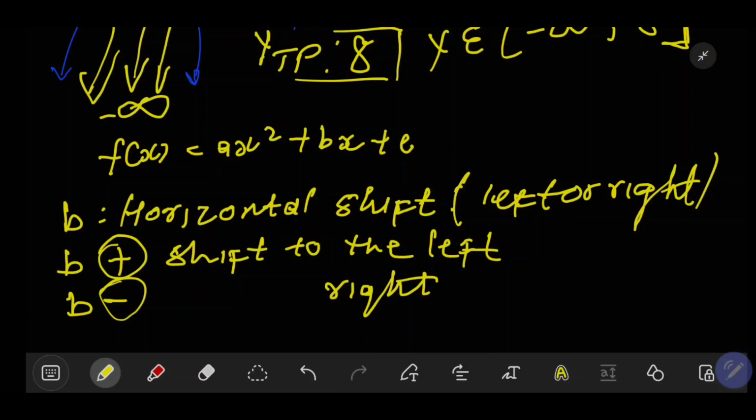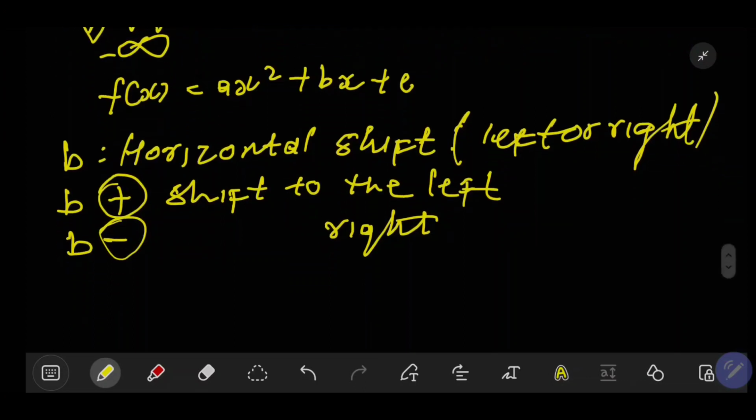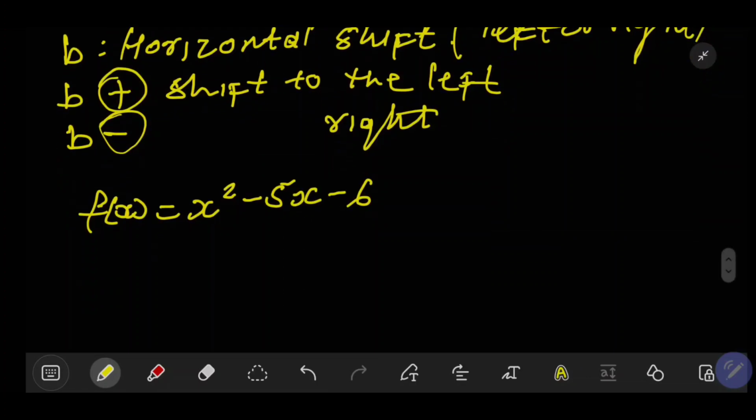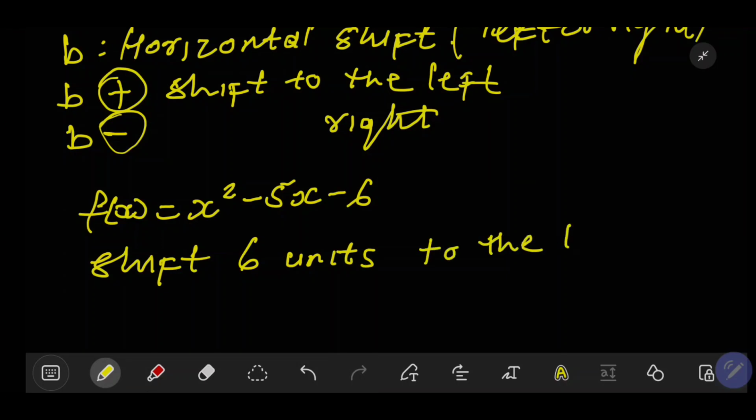Then when we talk of the shifting, we can use the very same formula that we used to draw the graph, which was f of x is equal to x² minus 5x minus 6. And then a question might come and say shift the graph 6 units to the left.